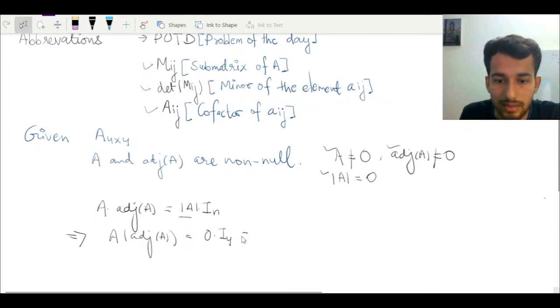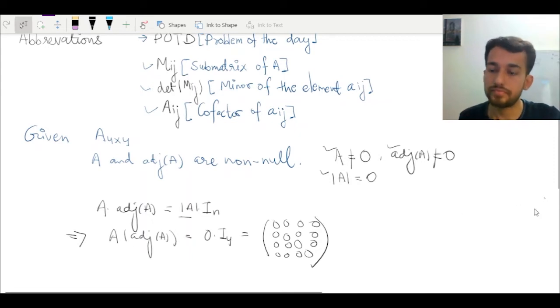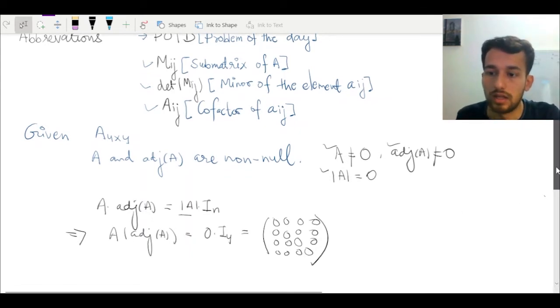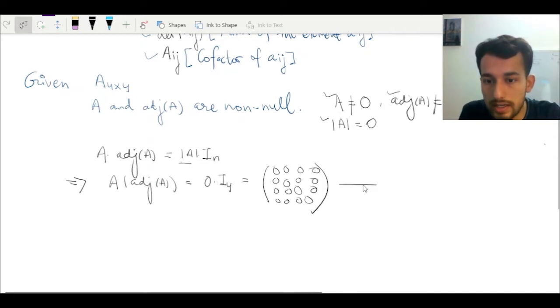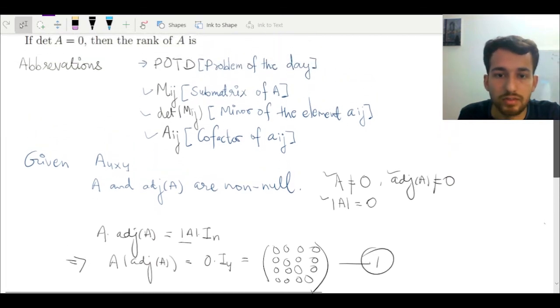So we have 0 everywhere on the right hand side. So now we have A times adjoint of A equals the 0 matrix. Let me call it 1. This information is given to us.